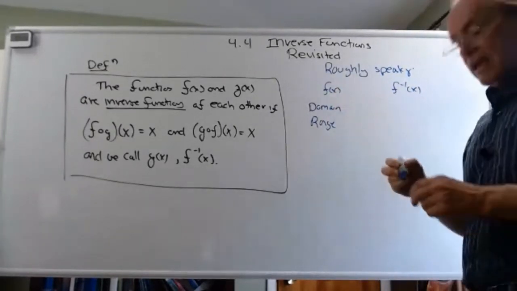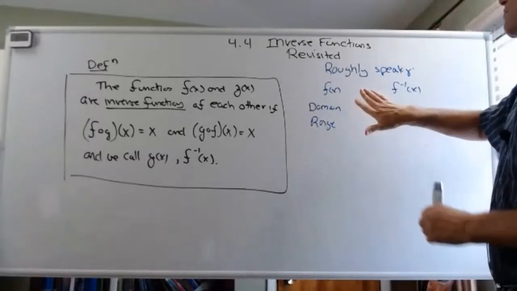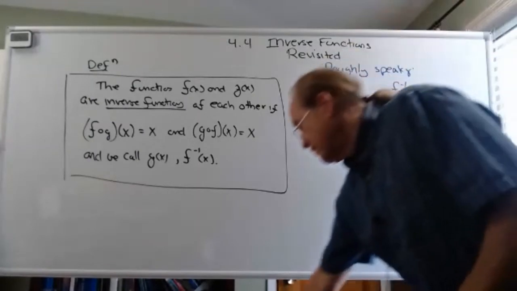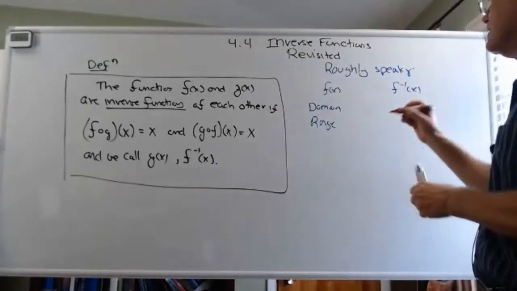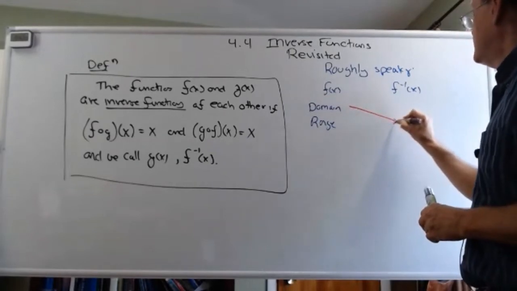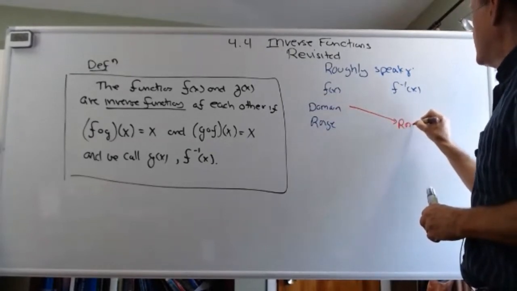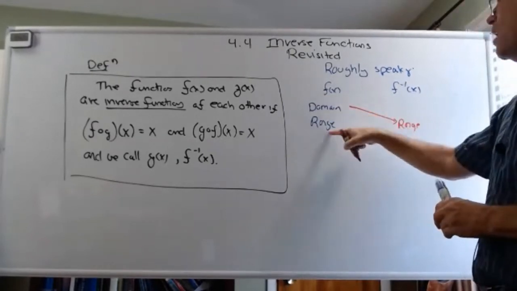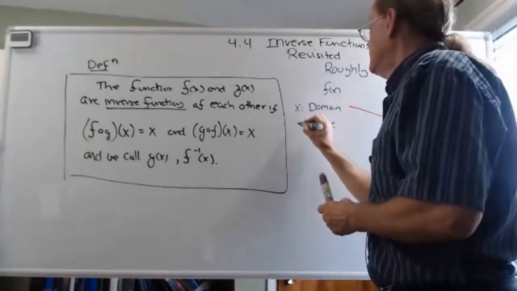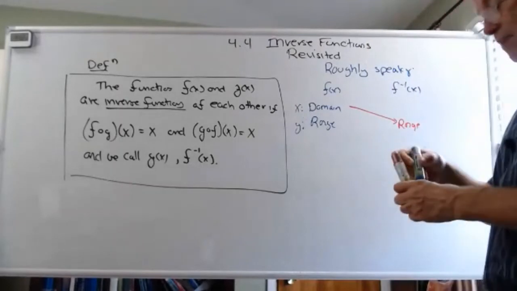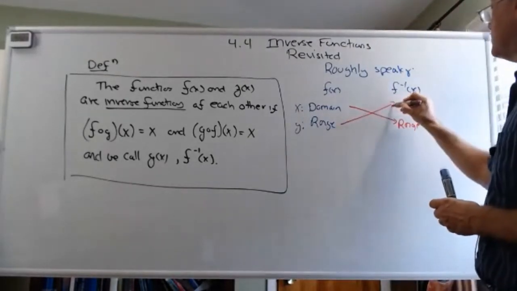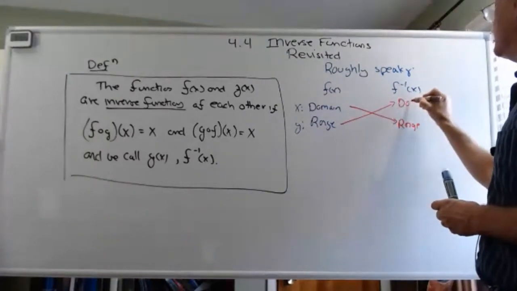What did I do? Remember, I swapped the x and y coordinates. That's what made it work. So roughly speaking, not exactly, the domain over here becomes the range of that function. Because remember, these are the x, y values, the inputs and the outputs. And the range of the function maps to the domain over here.